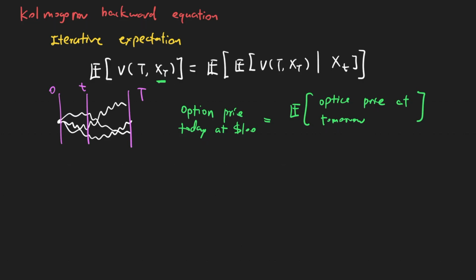On the left-hand side, you have the integral of v at capital T, where X_T equals little x, times the conditional probability density of capital T given a transition from time 0 with the initial value being x0, where we integrate over dx.